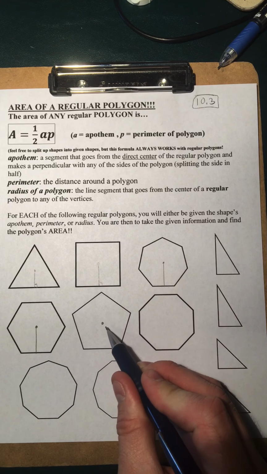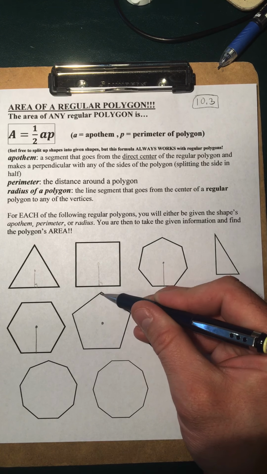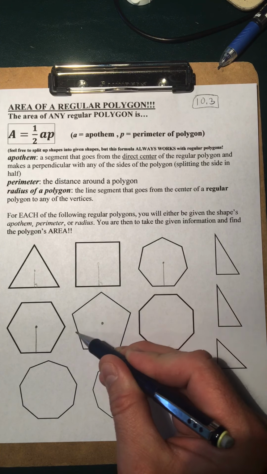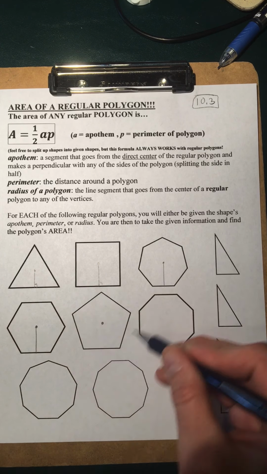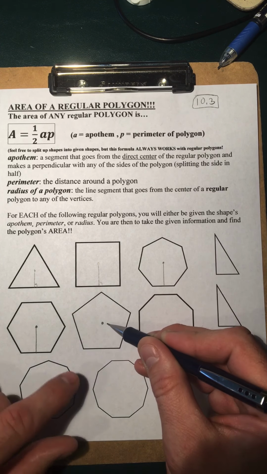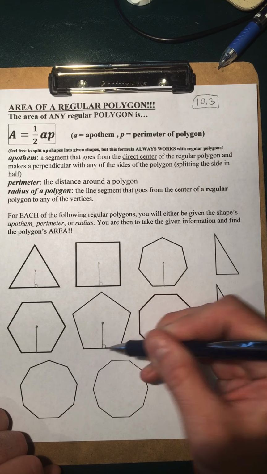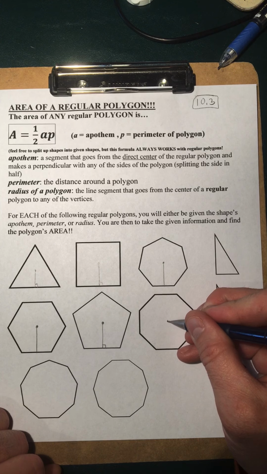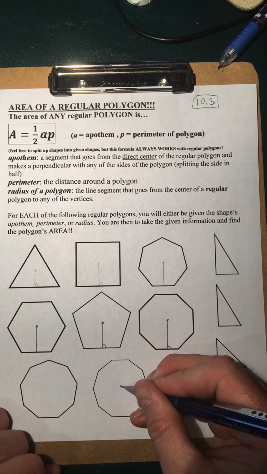And you'll see here, in this pentagon, if you imagine all the heights crossing, all the heights would cross right here. It's also the center of a circle that's outside and inside. And if you drop the perpendicular down, oh my goodness, decagon.